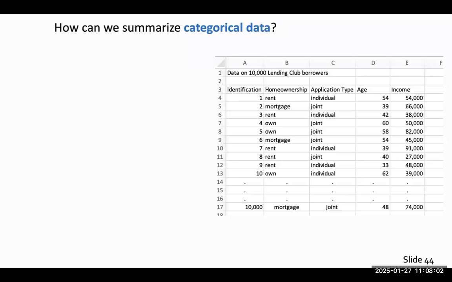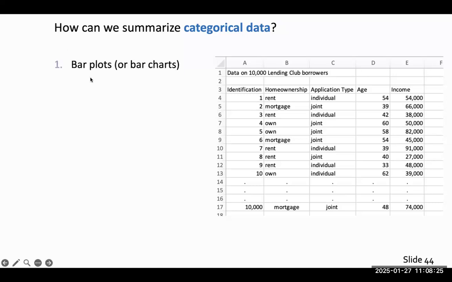So maybe we want to summarize categorical data, something like application type or home ownership. You see that we have a bunch of data there. If we just focus on the variable home ownership, how can we summarize what's happening in that particular column?